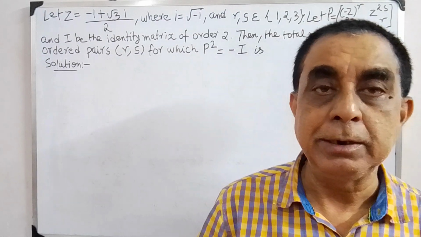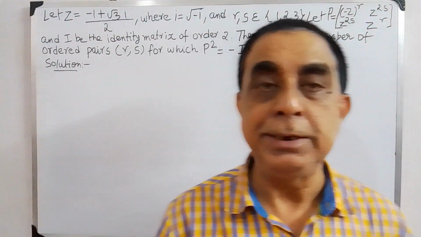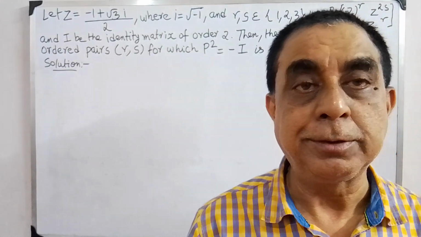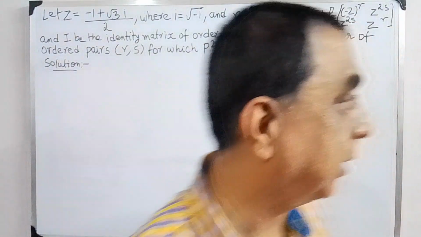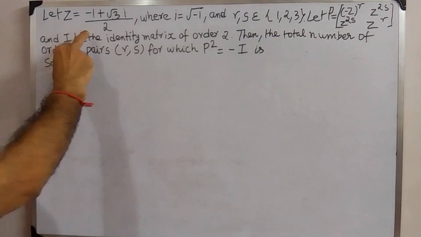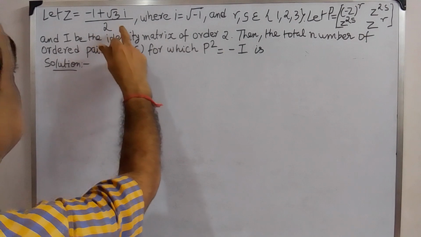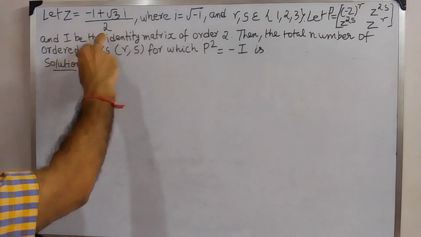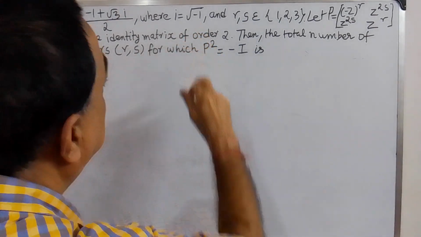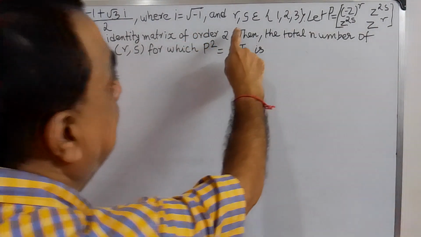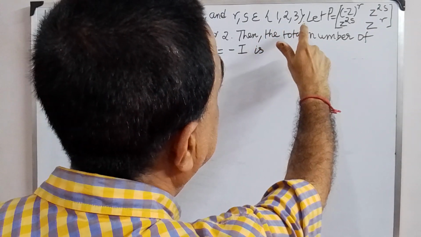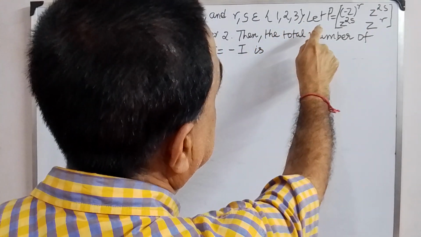Today we are doing a sum from JEE Advanced paper 2016. The sum reads like this. Let z equal minus 1 plus root 3 i by 2, where i equals the square root of minus 1, and r, s are elements of {1, 2, 3}.